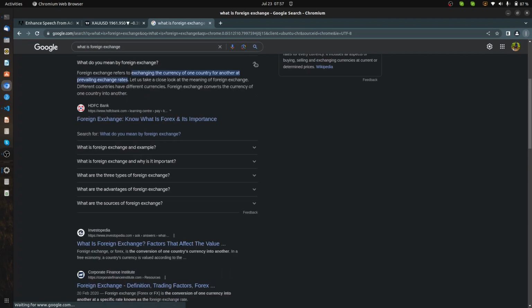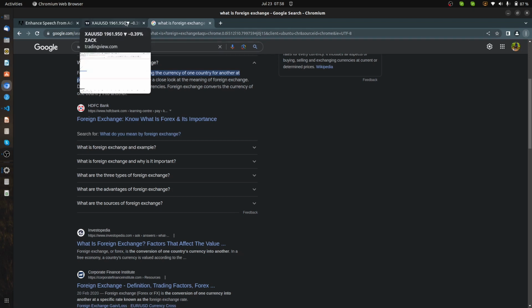It refers to exchanging the currency of one country for another at prevailing exchange rates. Let us take a close look at the meaning of foreign exchange. Okay, that is a vague explanation, but the definition doesn't even have a lot of importance. So my own definition in terms of forex: when you want to day trade, you want to profit from the price discrepancies between two currency pairs.